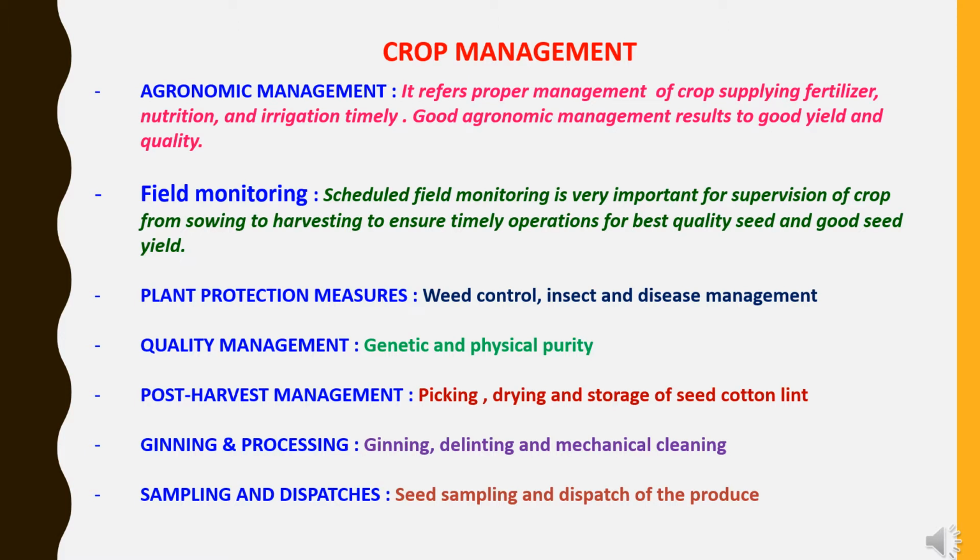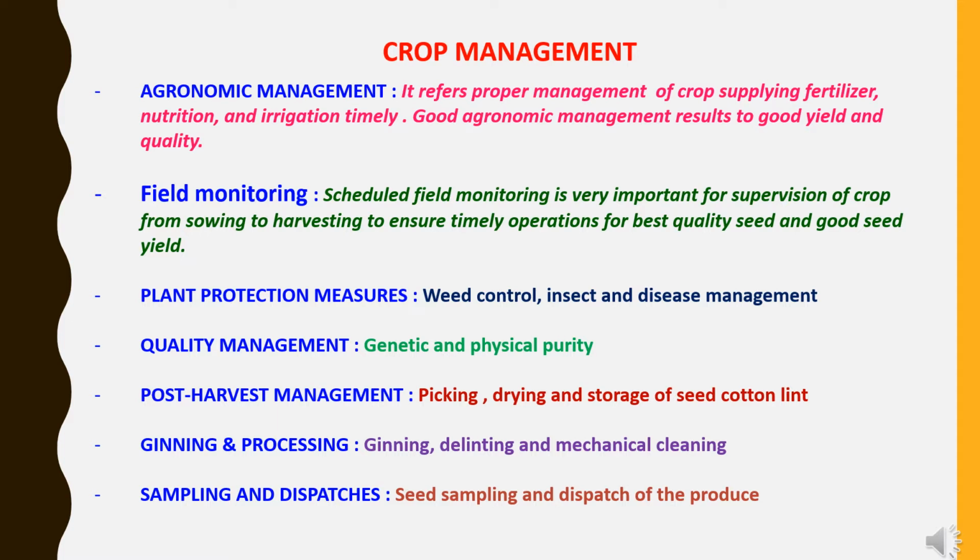Scheduled field monitoring is very important for supervision of the crop from sowing to harvesting stage, to ensure timely operations for best quality seed and good seed yield. After that, plant protection measures, where we have to take care of weed control, insect and disease management. Then quality management, which refers to the management of genetic and physical purity.